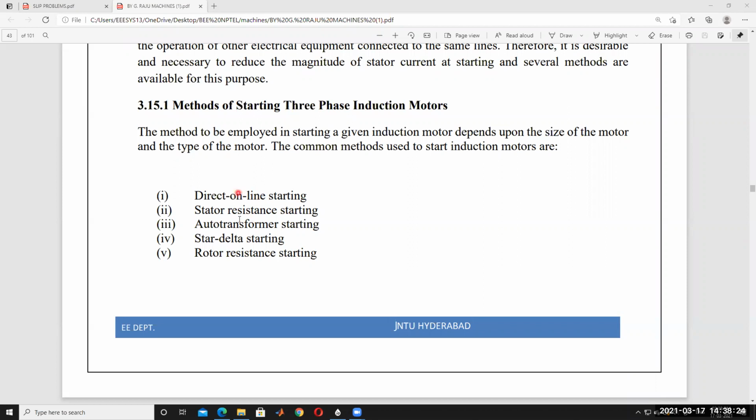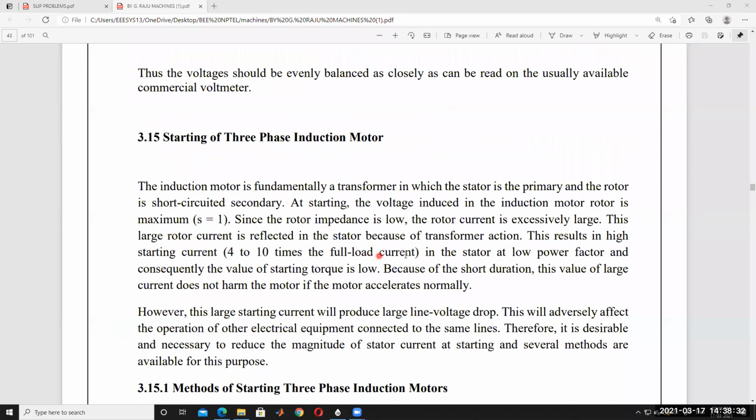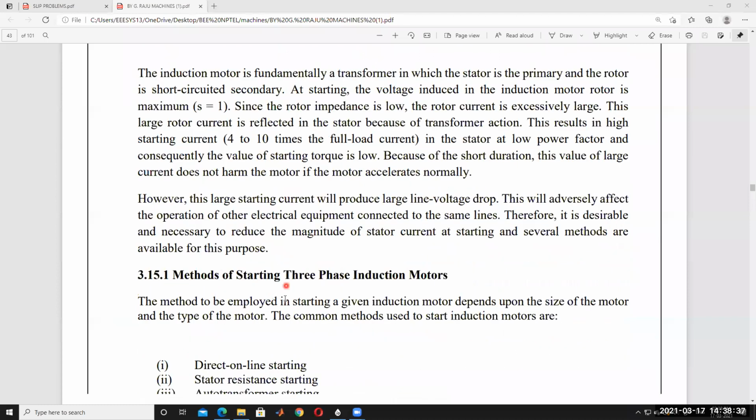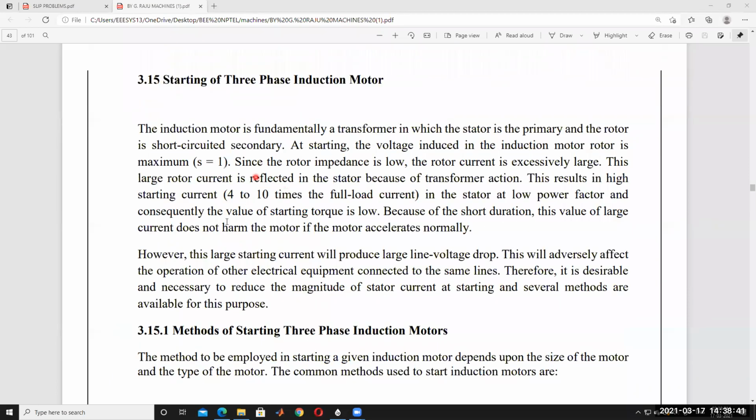By using these methods, the starting current, which is 4 to 10 times the full load current, can be reduced. Understood?